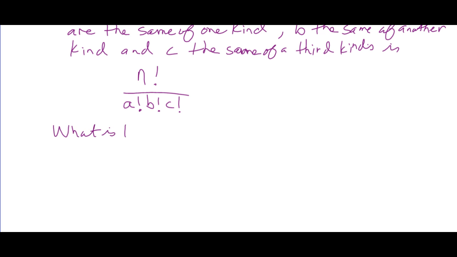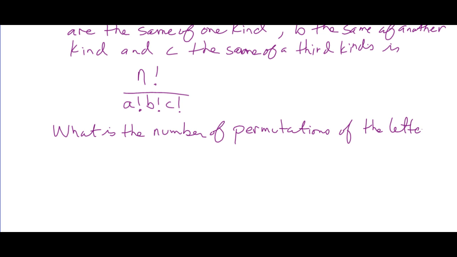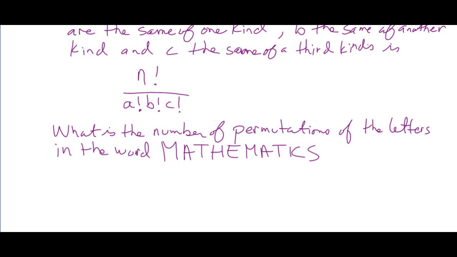So what is the number of permutations of the letters in the word mathematics? Okay, so number of arrangements of the number of permutations, right? Distinguishable arrangements, ones that we can tell apart, of the letters in the word mathematics.